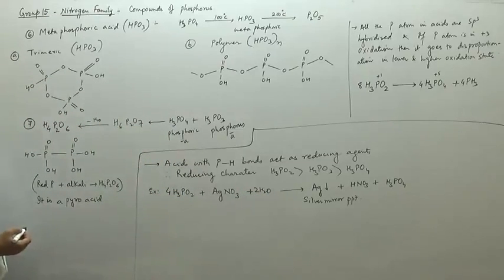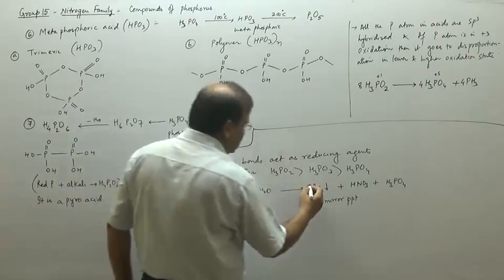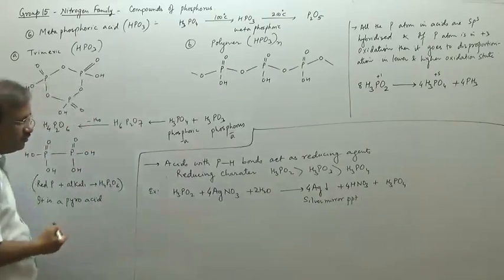Then we can balance HNO3 and we get 4, H3PO4. And we get 4 times AgNO3 when I write it. So we get this as 4, this is 4, this is the balanced reaction.